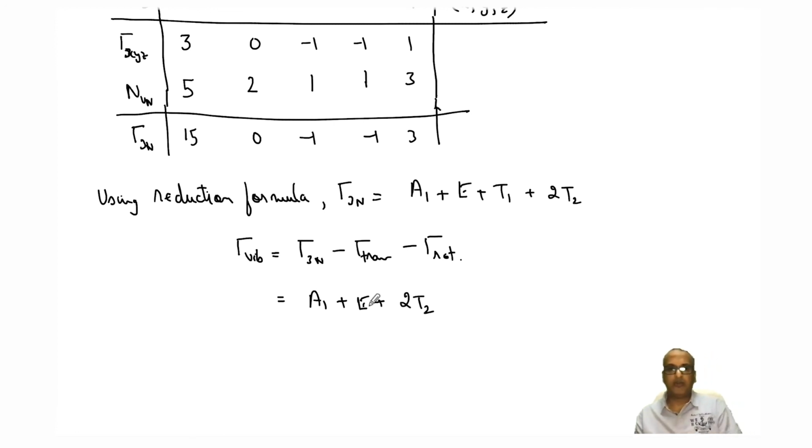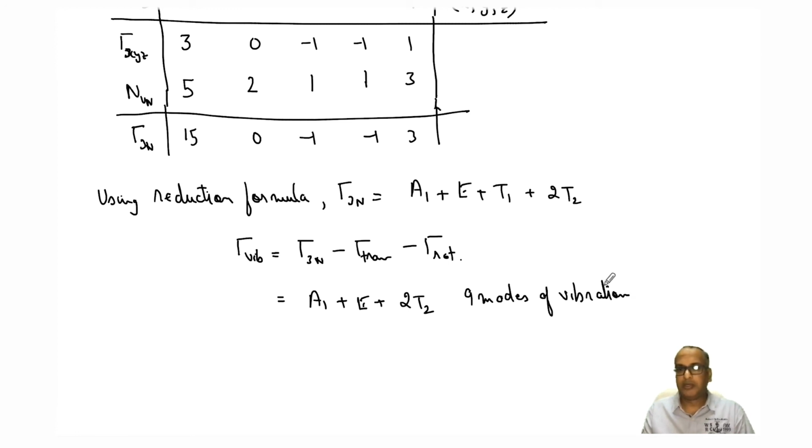So you can count whether you are getting 9 modes, because initially we saw that out of 15 modes, 9 modes should be vibrational. So you are getting 1 here, 2 here, because this is doubly degenerate. So 1 plus 2 is 3, and 2 of them are triply degenerate, so 6 over here. So total 9 modes of vibration you are getting. So your calculation is correct. If you make any mistake, you will not get 9 modes here, right?